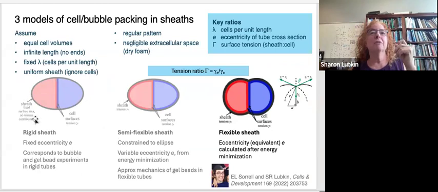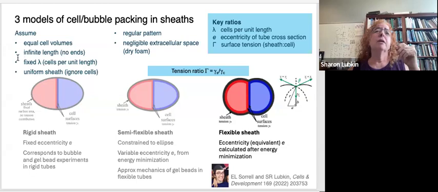She looked at 3 models. I'm going to primarily talk about the model where the sheath is flexible. But she also looked at a rigid sheath equivalent to the rigid tubes in the lab and a compromise model where it was rigid in the longitudinal direction and flexible but constrained to an ellipse in the cross section.